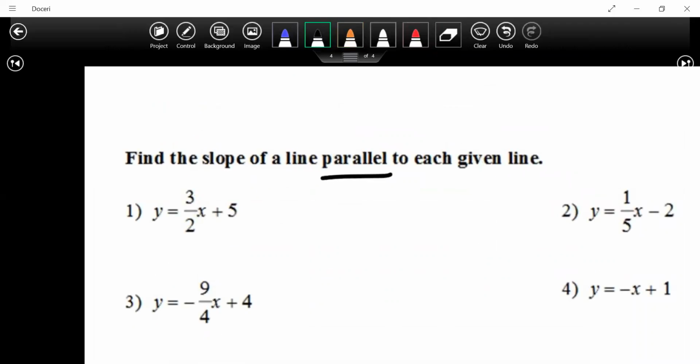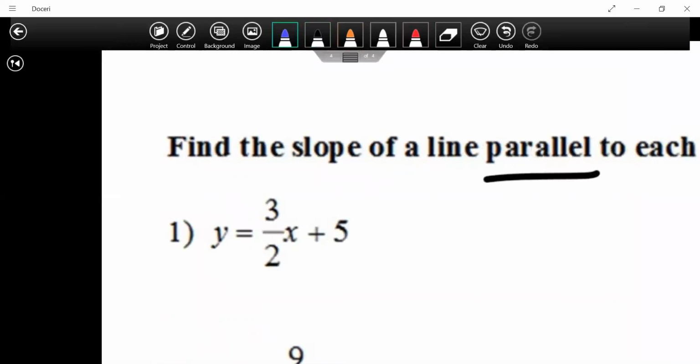Okay. Parallel. It says find the slope of the line parallel to each given line. So we're just looking for the slope that would make it parallel. Now these are going to be going by really fast. So we got to be able to identify, for number 1, what is my slope? 3/2. What would make it parallel then? 3/2.